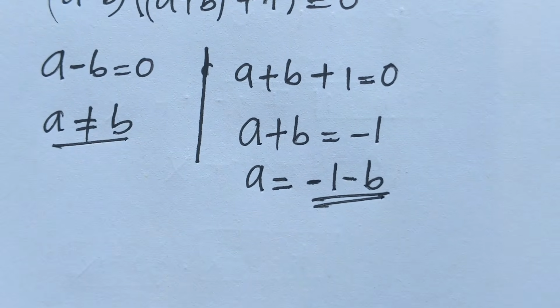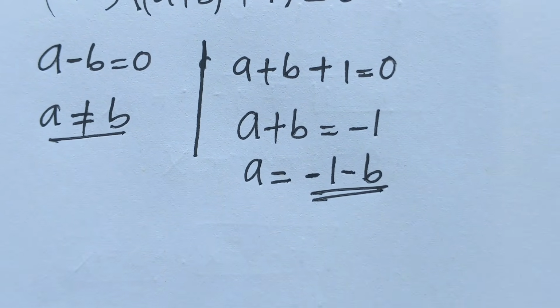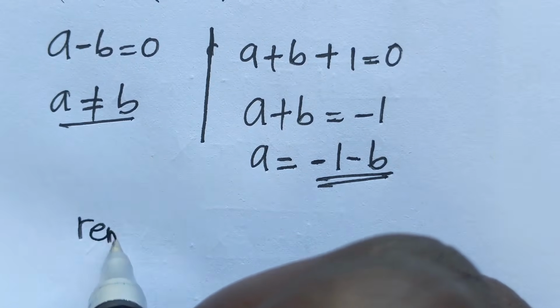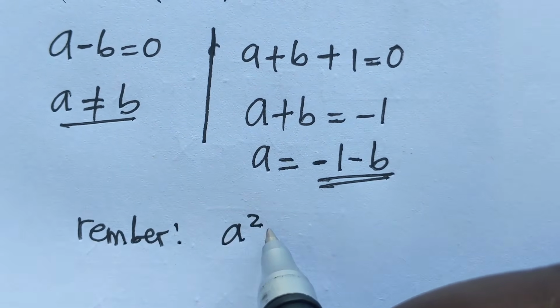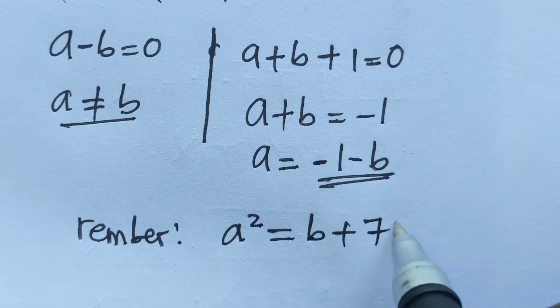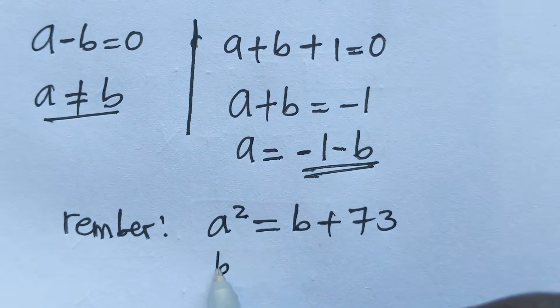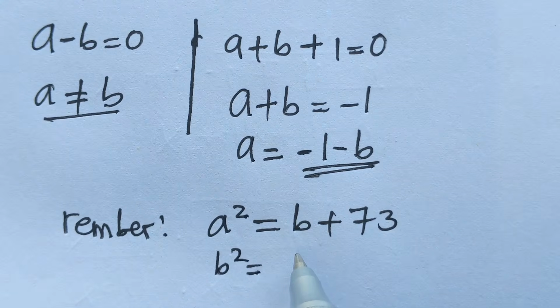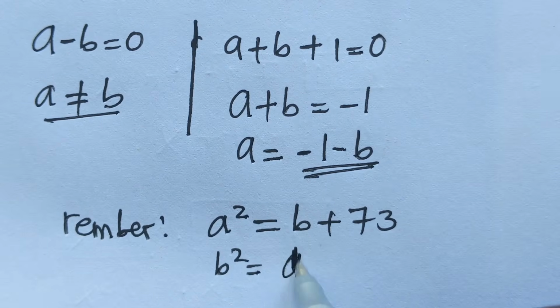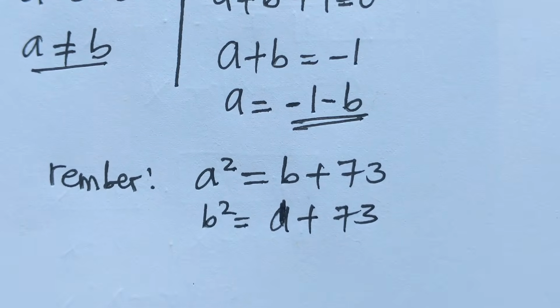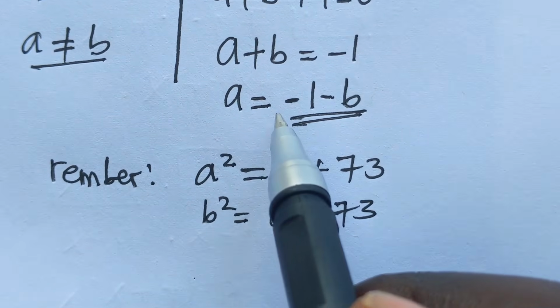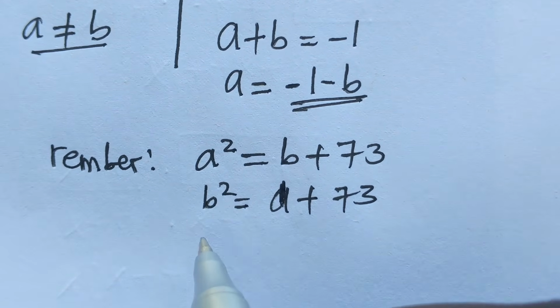So here, what can we do? First of all, remember what we have given: a squared equals b plus 73, and b squared equals a plus 73. At this stage we have the value of a right here, so we can plug it in.